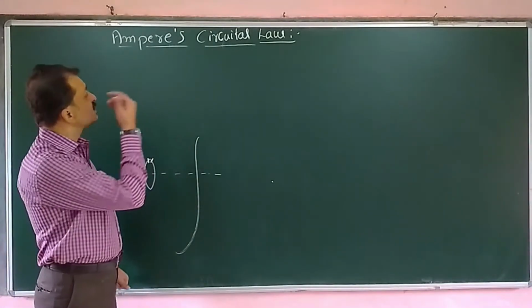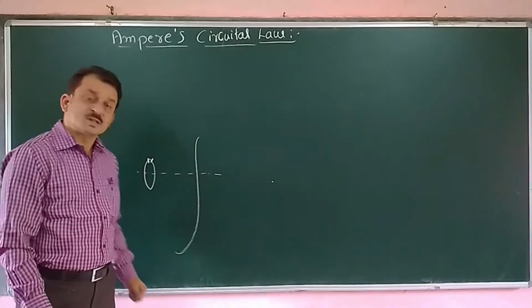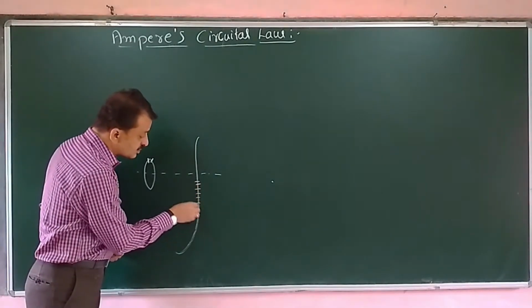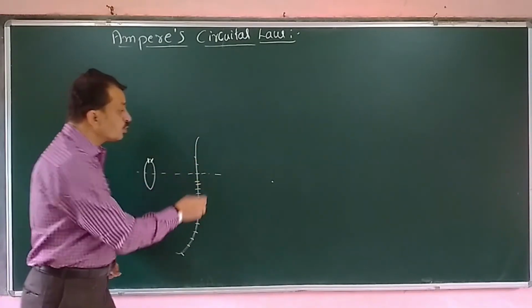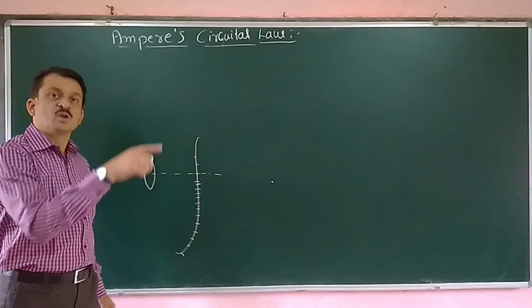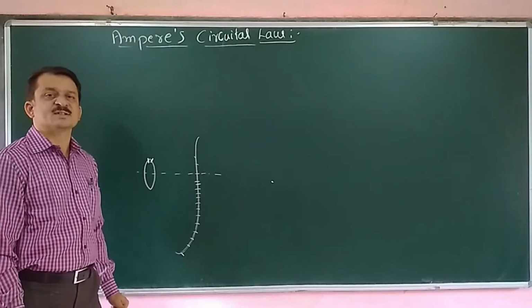Can we make use of Biot-Savart's law here? That means I have to divide this conductor into an infinite number of current elements, calculate the magnetic field due to one current element, and sum it up. It is a tedious process.